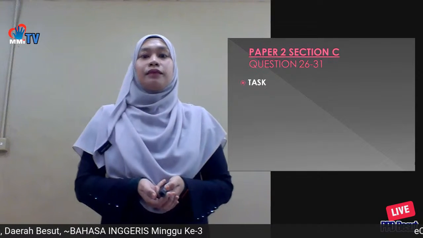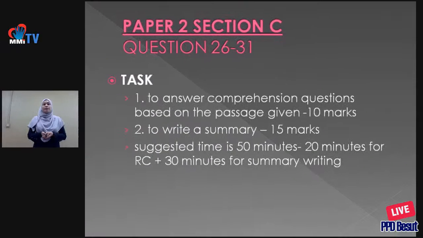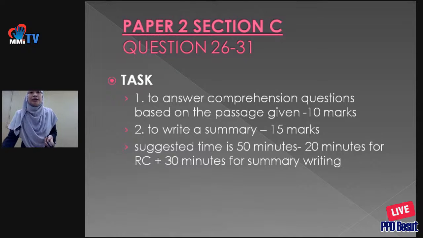All right. Paper 2, section C. The questions in the paper are from question 26 until 31. For this section, you are expected to complete two tasks. The first task is to answer comprehension questions based on the passage given, and the marks allocated is 10 marks.